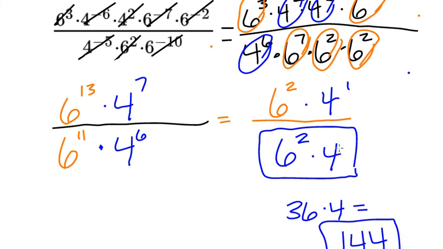In this one, it wasn't super clear because then I went and I wrote this, but this denominator here was actually 1. So you ended up with 6 squared times 4 to the first over 1. And remember, when that 1's in the denominator, you don't really need it. Since the numerator power was bigger in both of these, there's just a 1 in the denominator.